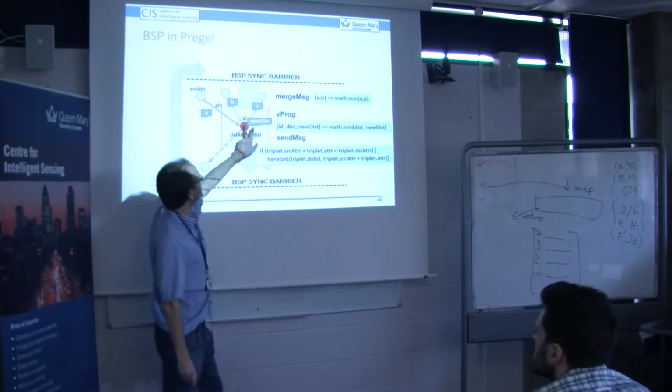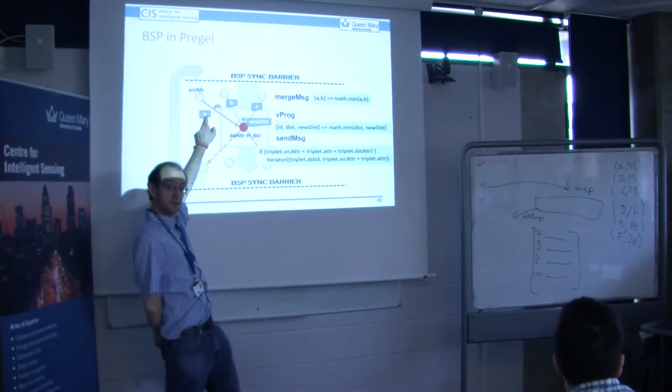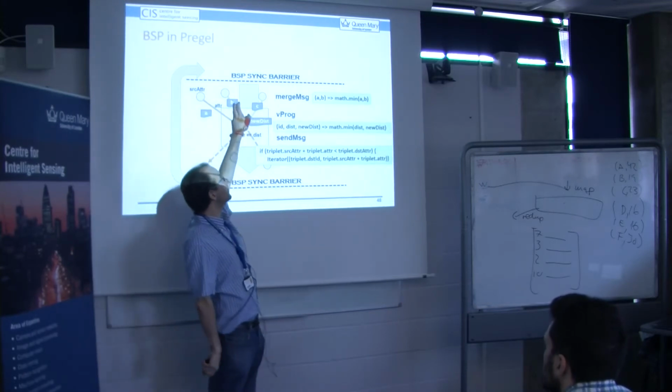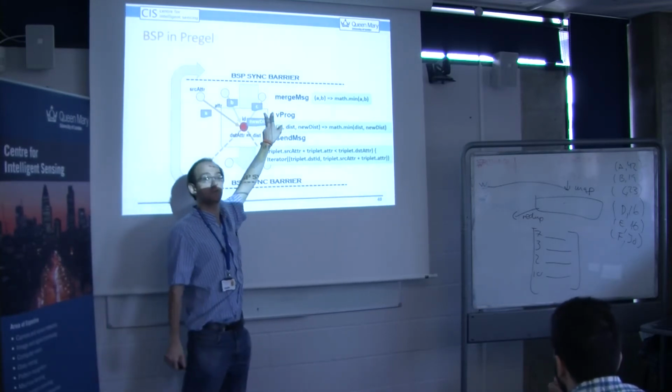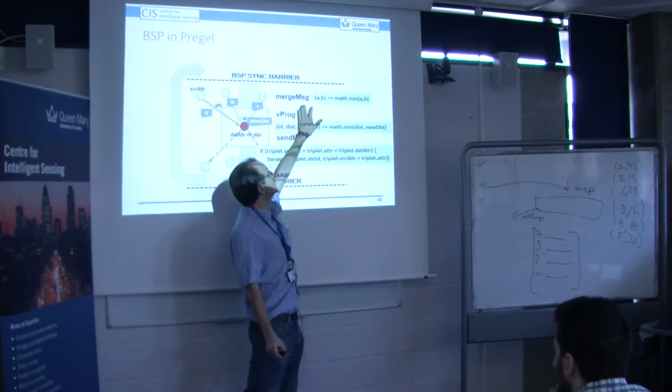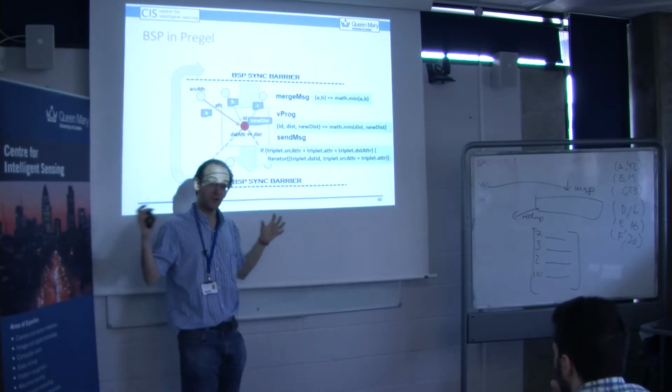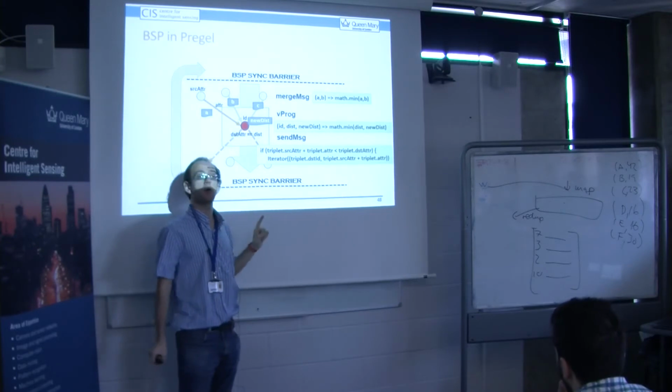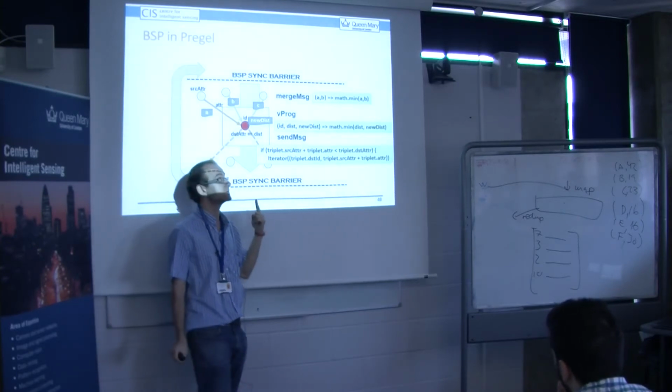So this node is telling me you can get to the origin with a cost of 4, maybe with a cost of 3, maybe with a cost of 5. And what I need to do first is to consolidate all of those messages into a single one, which will be the one that matters.